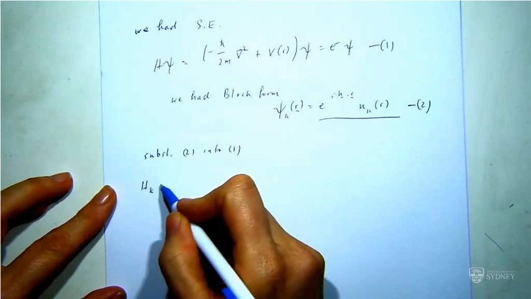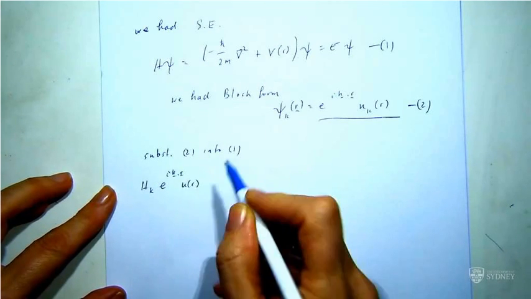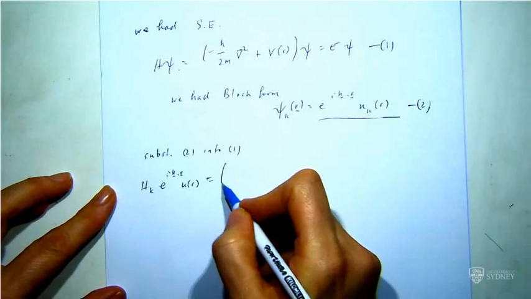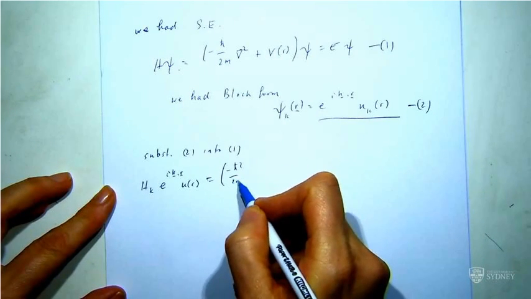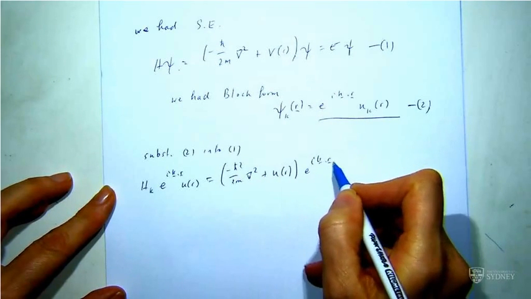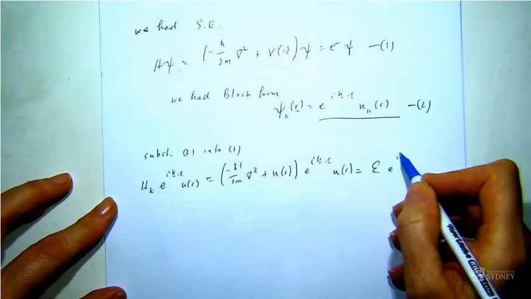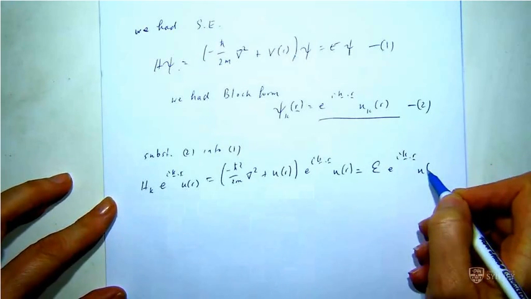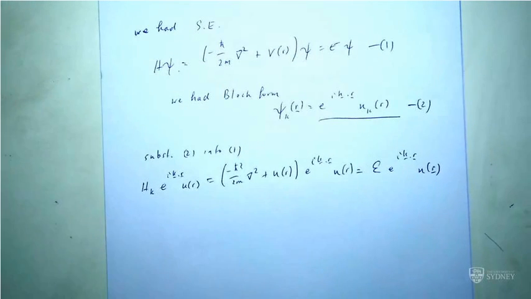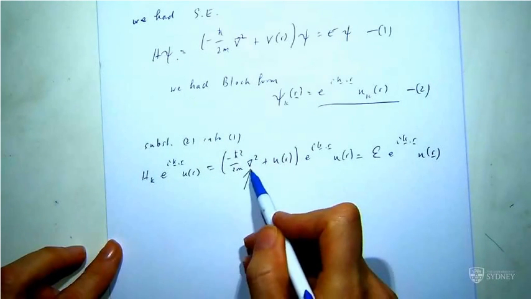We can give it a little subscript k, e to the i k dot r u of r over here, and minus h bar squared on 2m grad squared plus U of r e to the i k dot r u of r equals energy eigenvalue E e to the i k dot r u of r. So that's kind of clear, but we just need to focus on this thing.